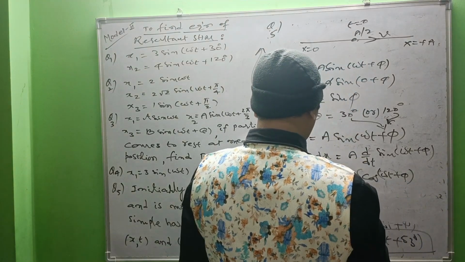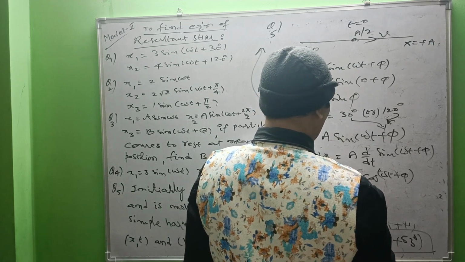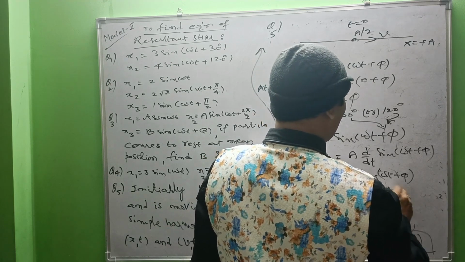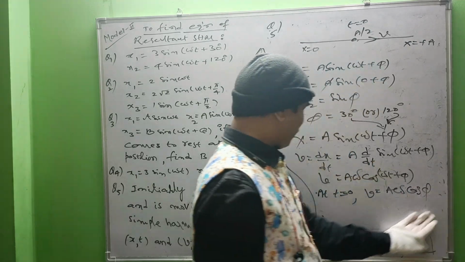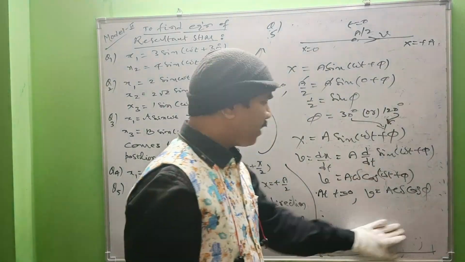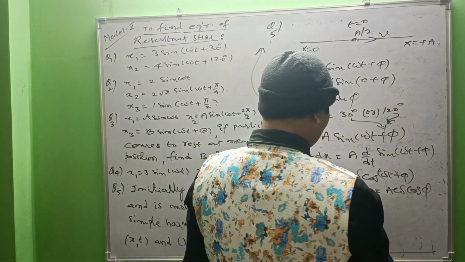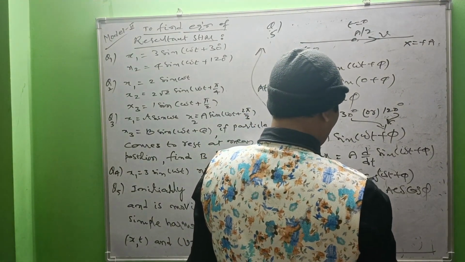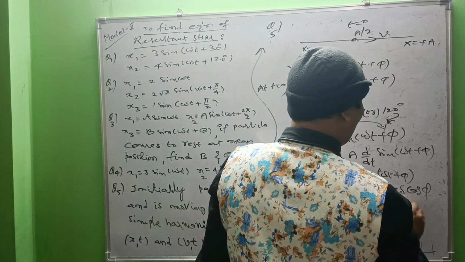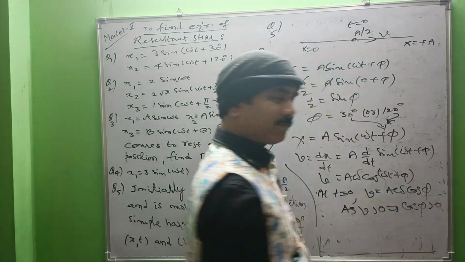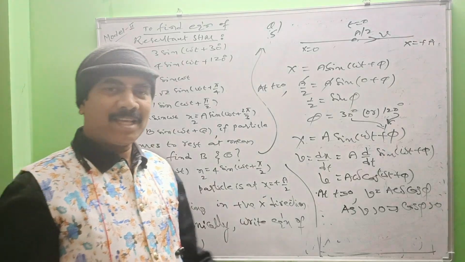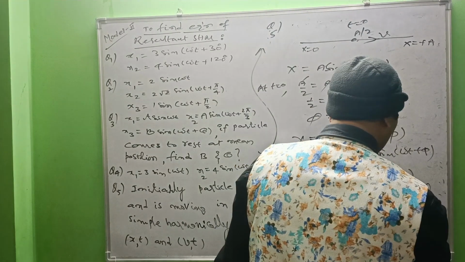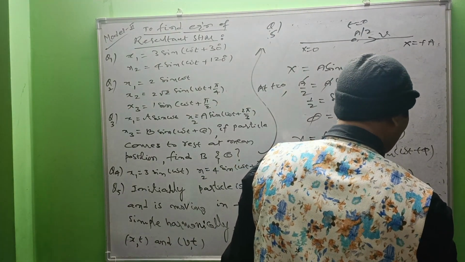At t equal to 0, v equal to a omega cos phi. As v is greater than 0, cos phi must also be greater than 0. Cos phi greater than 0 means phi must be less than 90 degrees.